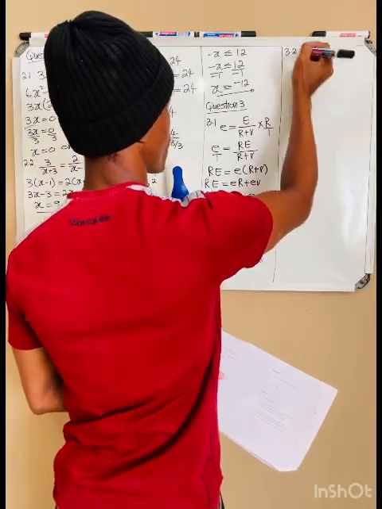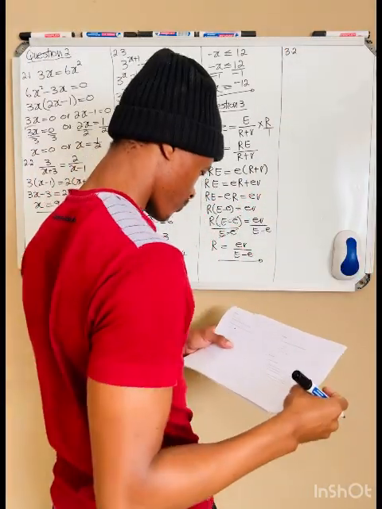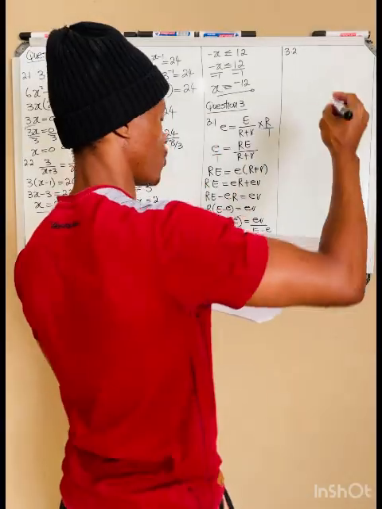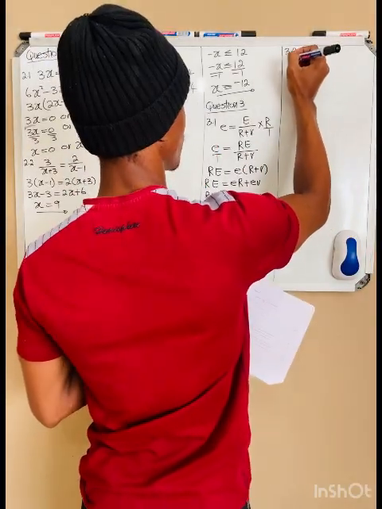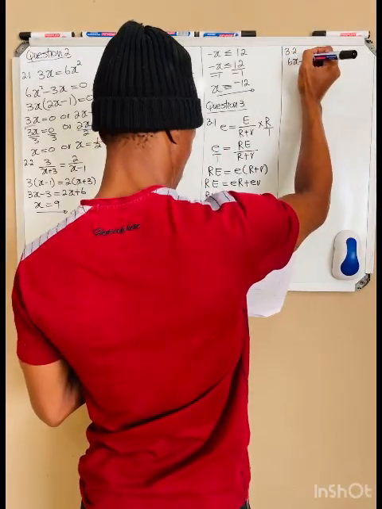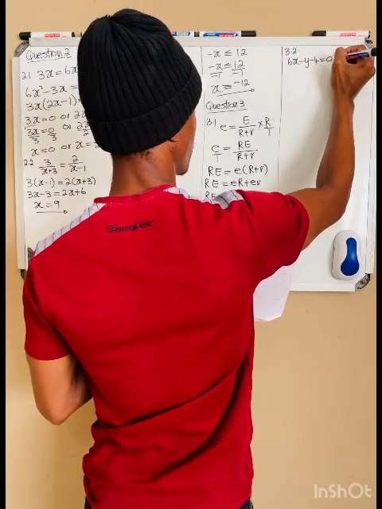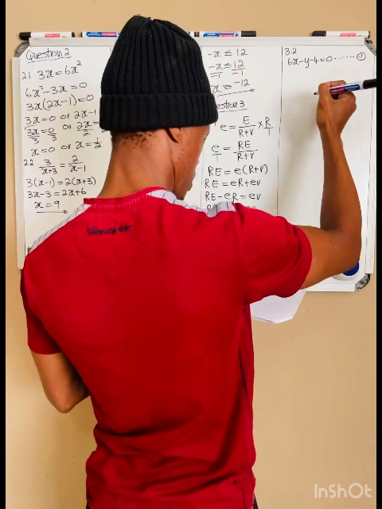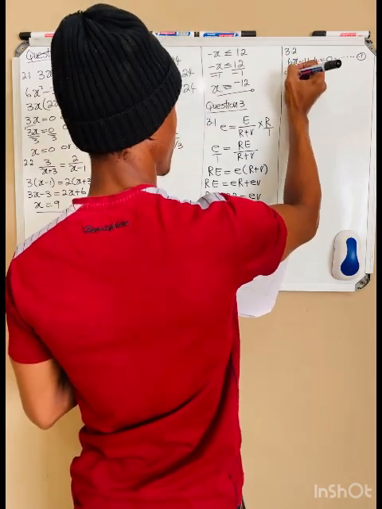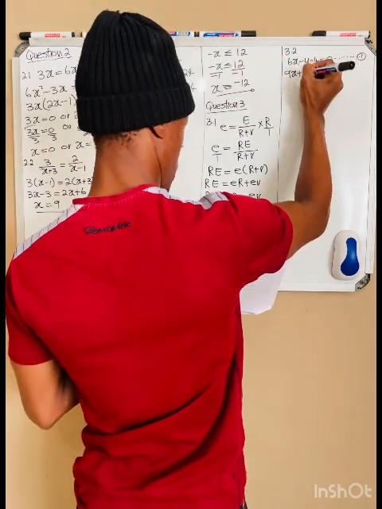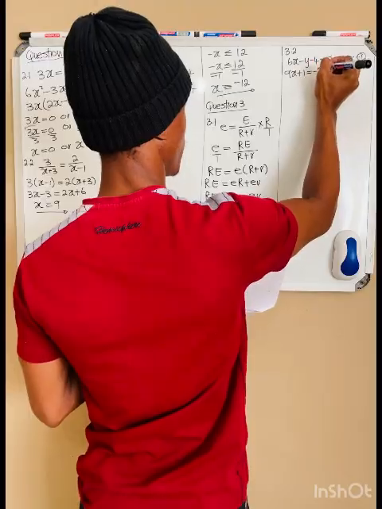Now 3.2. They're saying solve for x and y simultaneously. So we have 6x minus y minus 4 equals 0. We'll say this is equation number 1. And then again we have 9x plus 1 equals negative 2y.